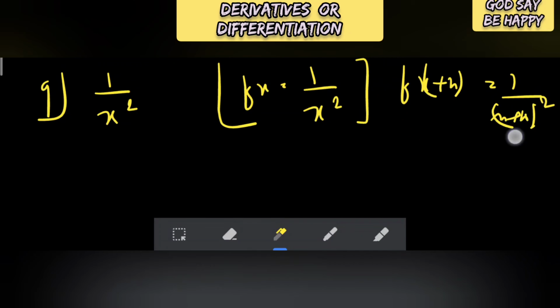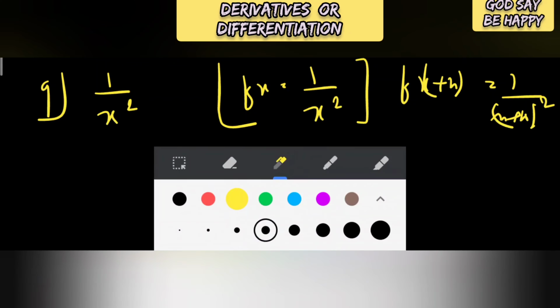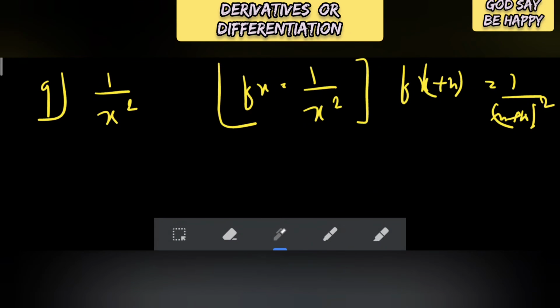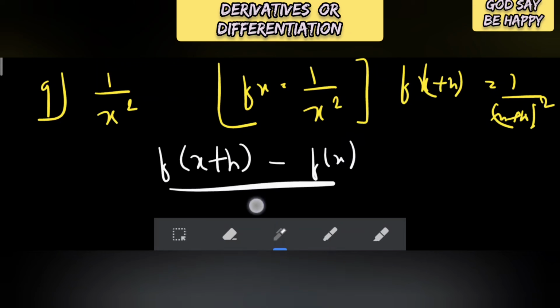So what we will do now is (f(x plus h) minus f(x)) upon h, limit h tending to 0.